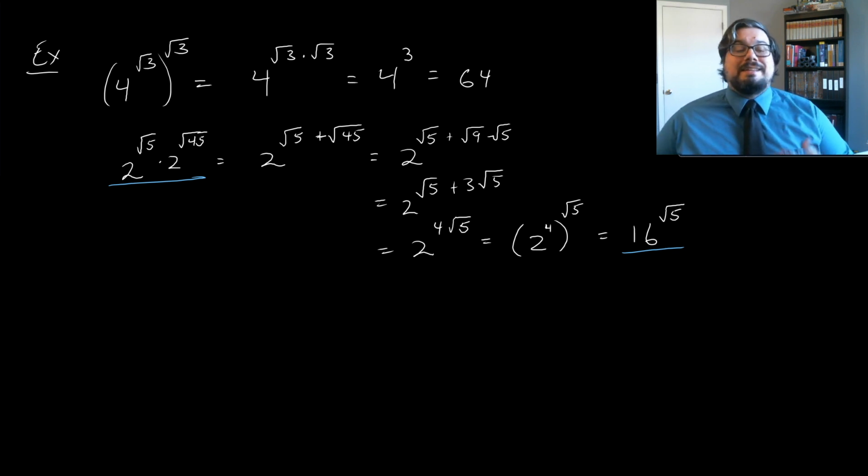And the point is that irrational exponents work just like rational exponents when combining expressions together or raising expressions to powers and so forth. So now that we understand exponents of any kind, any real number as an exponent, we're ready to define an exponential function.